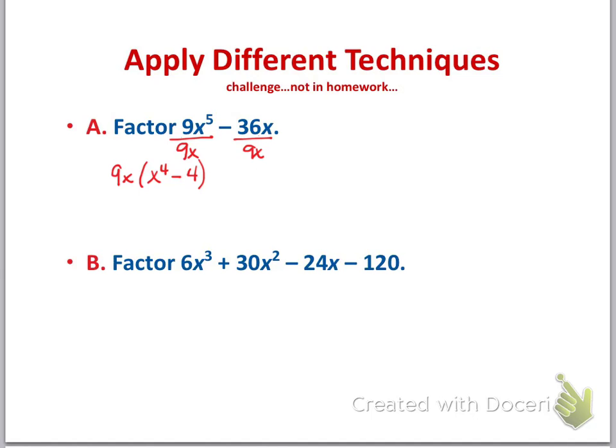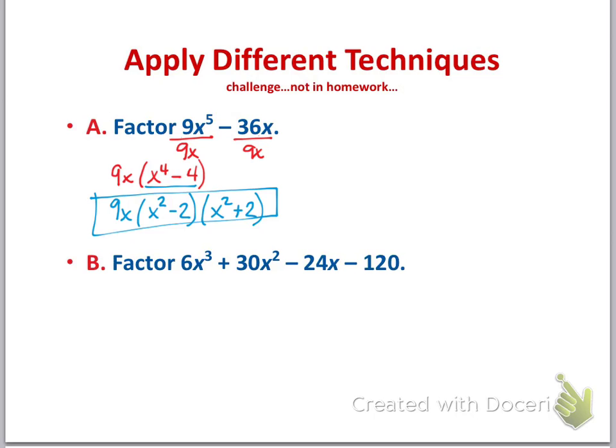And then we can factor this because it's a squared minus b squared. So we get 9x, x squared minus 2, x squared plus 2. Now in this case, 2 is not a number squared, so we can't continue there. So this would be my final answer.